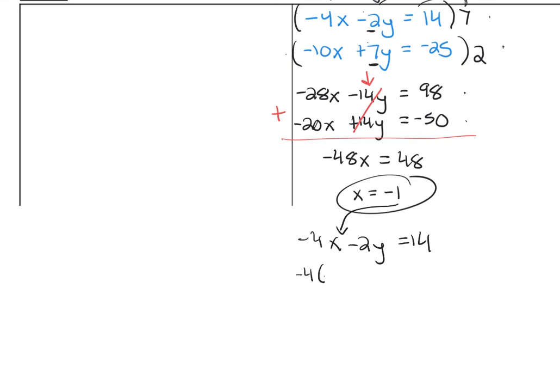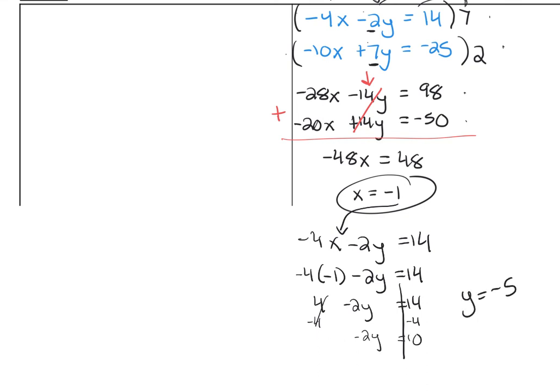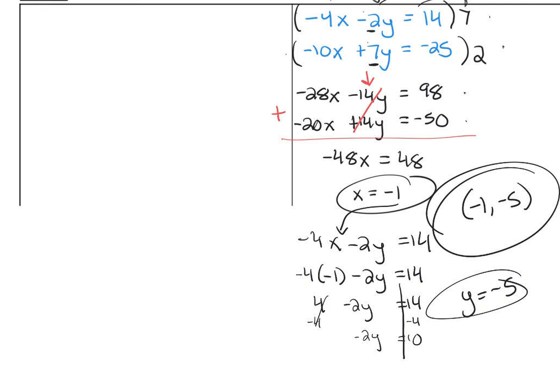So negative 4 times negative 1 minus 2y equals 14. So 4 minus 2y equals 14. Subtract 4. So negative 2y equals 10. So y equals negative 5. So they intersect at the point negative 1, negative 5.